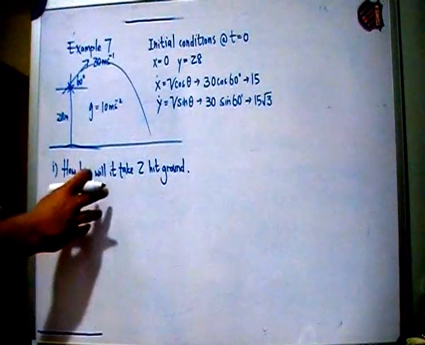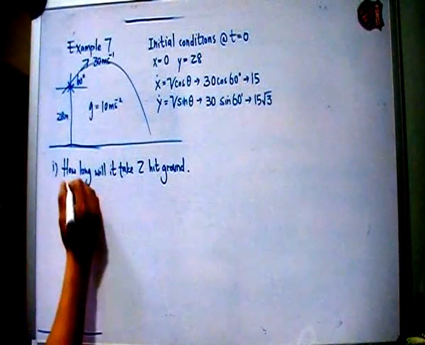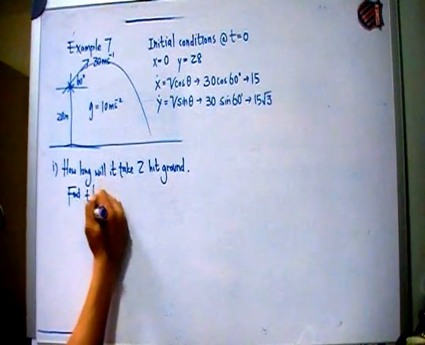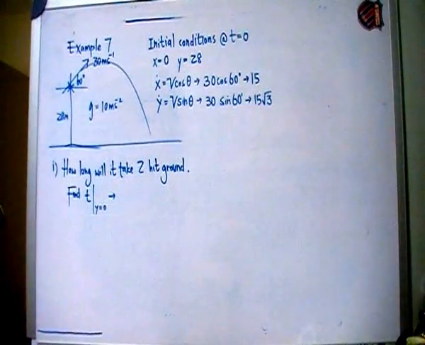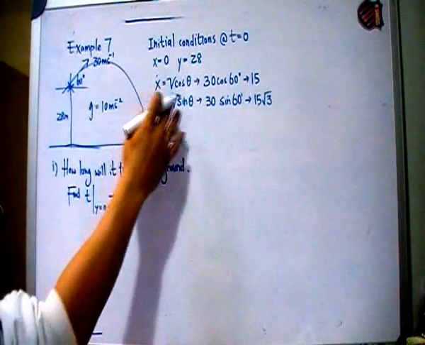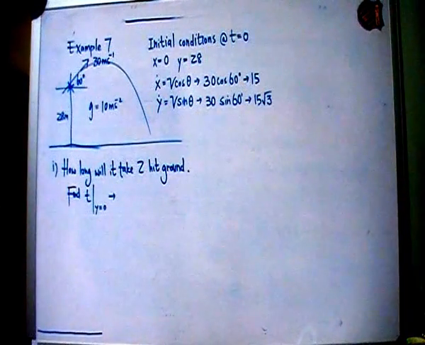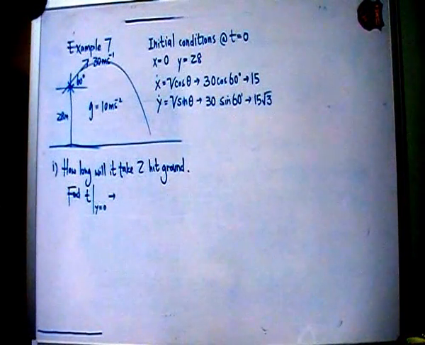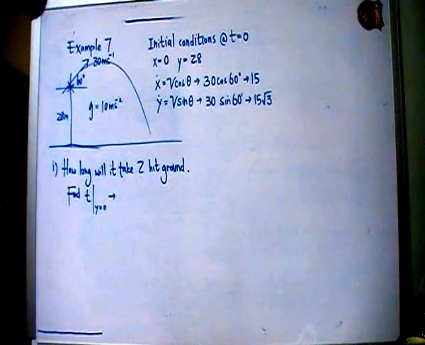For you to find out how long to hit the ground, this question is asking you to find t when y equals 0. I'm really only interested in the y, but for now we'll do both equations anyway.